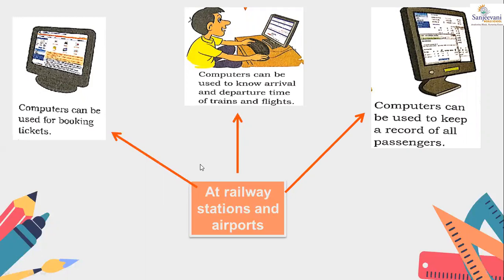All the details are stored by the computer. Okay, so did you understand? These were the three uses of computers at railway stations and airports.